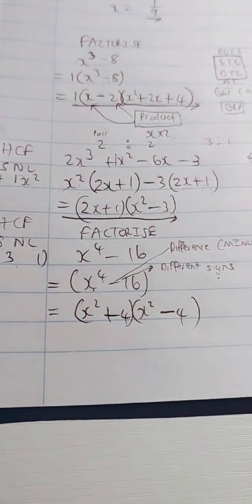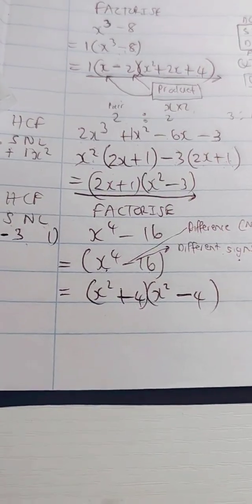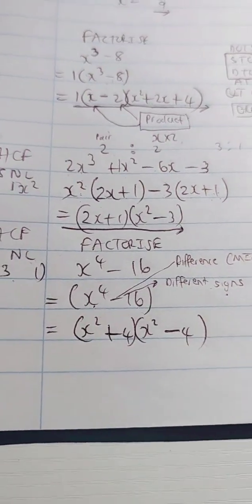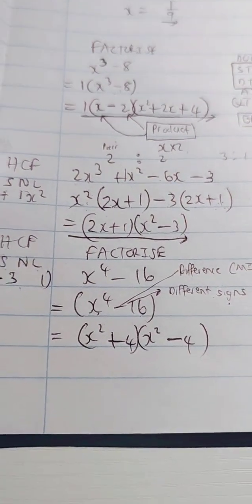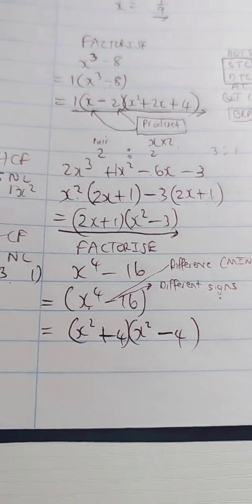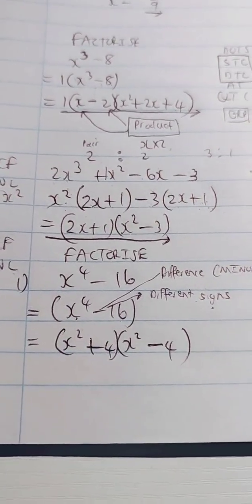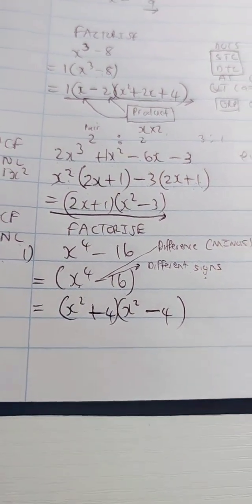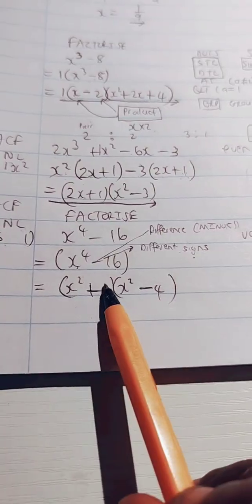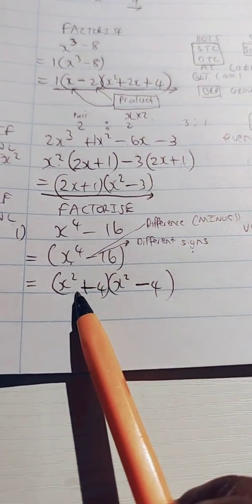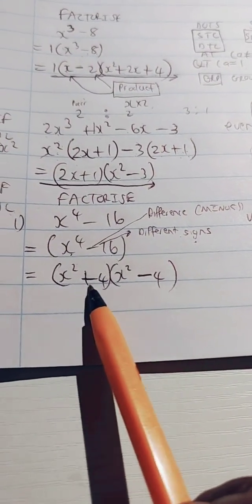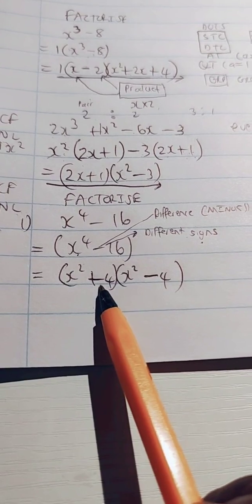Now, I know some people will say, that was good factorization, I am done, and they smile and underline and move on to the next question. But then they are missing out on a big thing. So what you do is, after you are done with this, go and look at the first bracket and check: is there any factorization that can be done with this bracket?